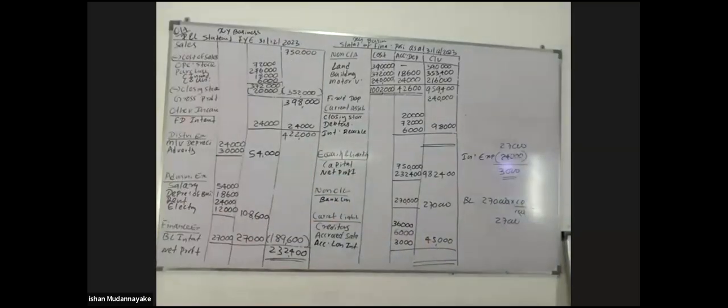How much is the balancing figure? 1,297,400. Yes, right. Balance sheet figure 1,297,400.